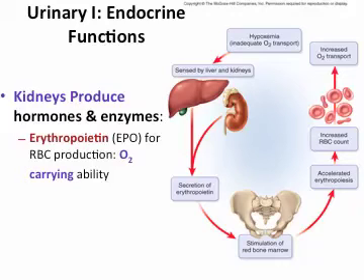If you accelerate erythropoiesis, you're going to increase your number of red blood cells. An increase in red blood cells will increase your ability to transport oxygen, and then this will result in a negative feedback loop. So you started with low blood oxygen, hypoxemia, and you worked in a negative feedback fashion to increase blood oxygen. So that's one important kidney hormone, erythropoietin, or EPO.